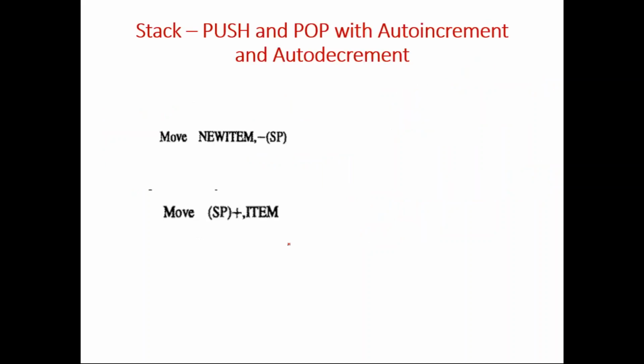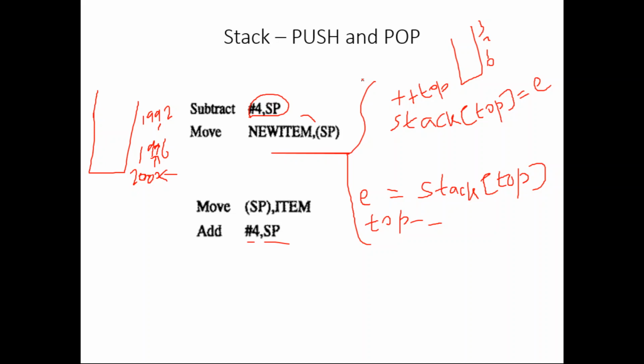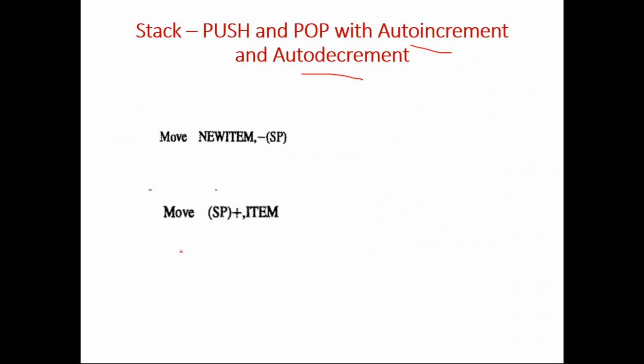If the microprocessor that you are using supports auto increment and auto decrement operators, then the 2 instructions we used for push and 2 for pop can be merged into a single instruction. So here we write move new item comma minus SP.